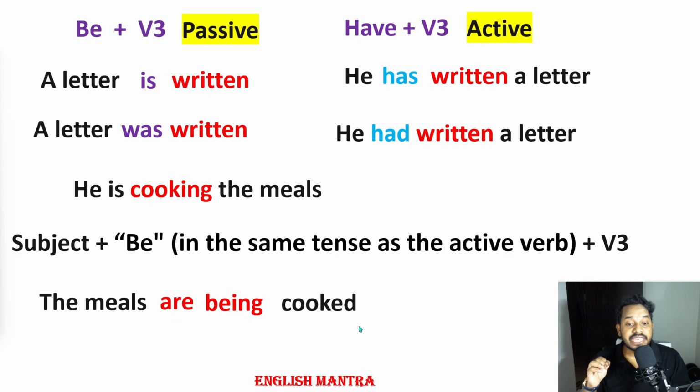The meals are being cooked. See, if you remove this, till this, "the meals are being" is in continuous tense, but instead of "cooking", we use "being" as the main verb. Okay, till this. After that, we place the verb in its past participle form. So the sentence would be "the meals are being cooked".